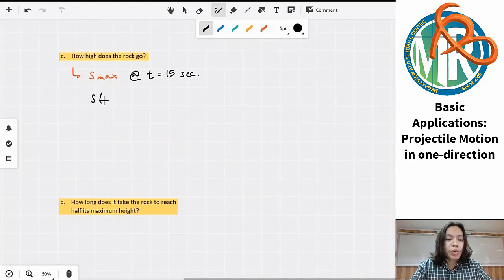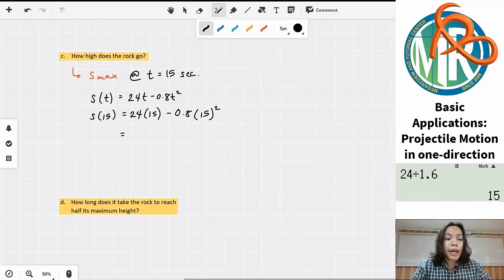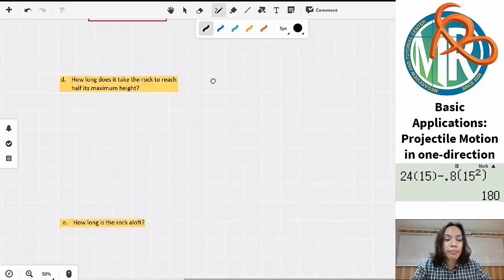So we will have s equals 24t minus 0.8t squared at t equals 15 seconds. So s equals 24 times 15 minus 0.8 times 15 squared. Therefore s is 180 meters, and that is our maximum height.